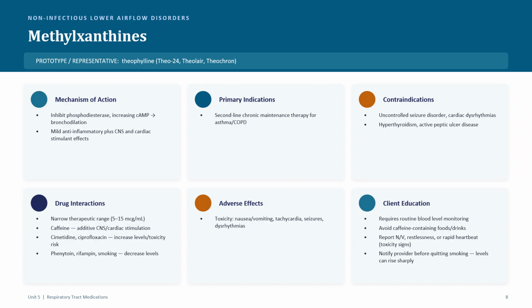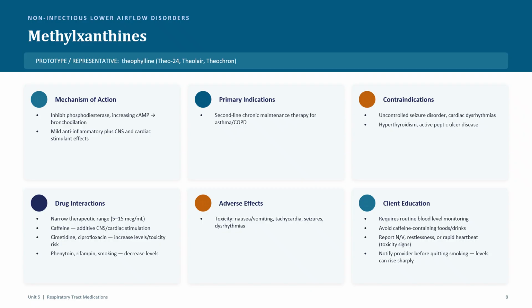So next up, we have the methylxanthines. So theophylline is a drug I want you to think of as the old guard of asthma treatments. So it was a mainstay decades ago, and it's now a second line specifically because it has a narrow safety margin.